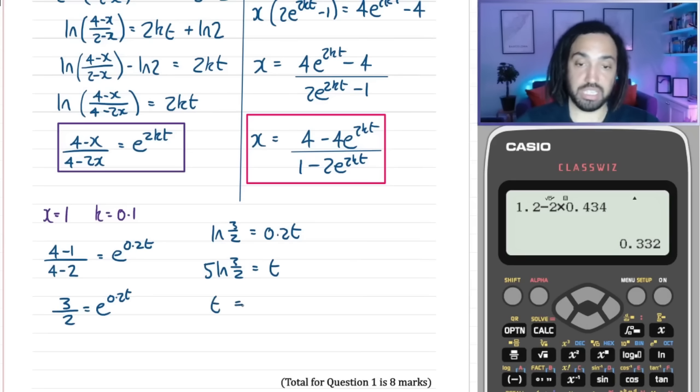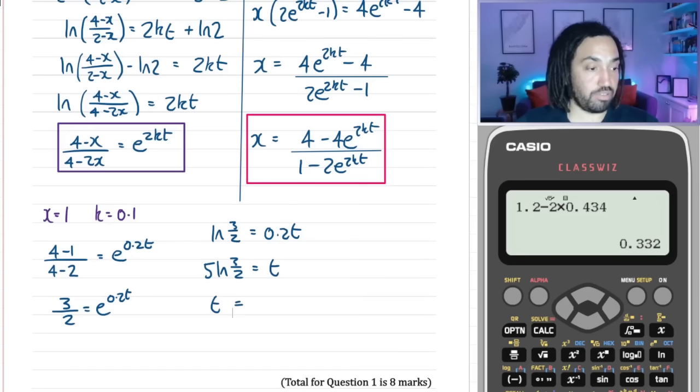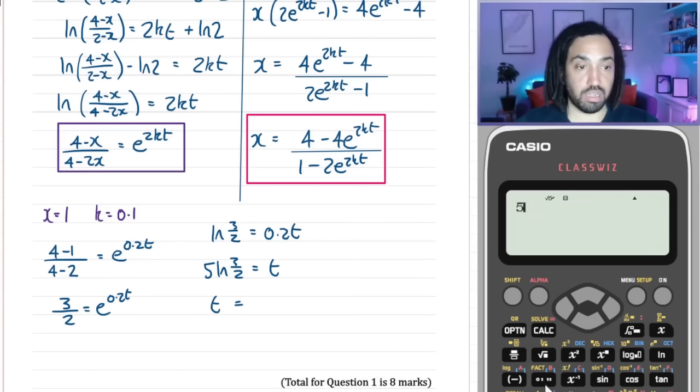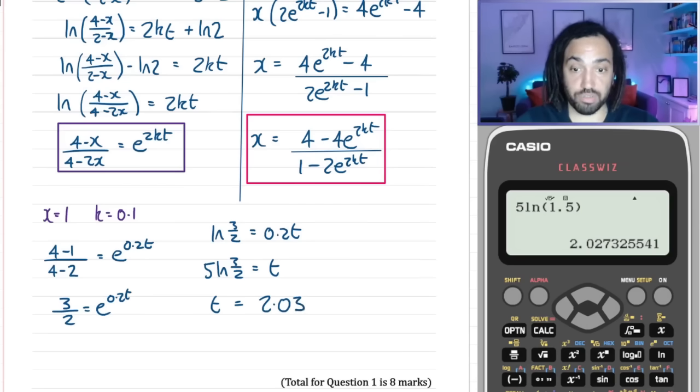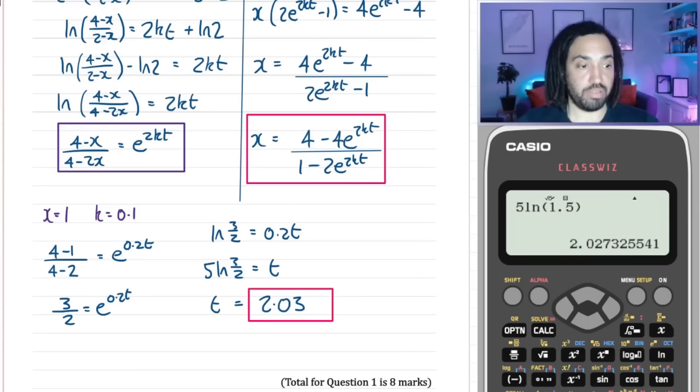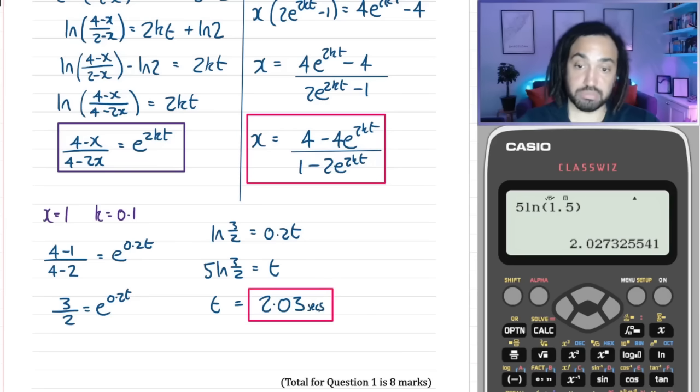Okay, so t is equal to 5 ln of 3 over 2, or 1.5, to get an answer of 2.03 to 3 significant figures. Okay, perfect. And we would have to put the units in there as well, so that should be seconds.